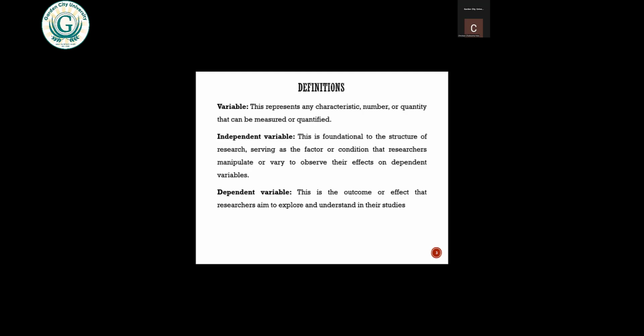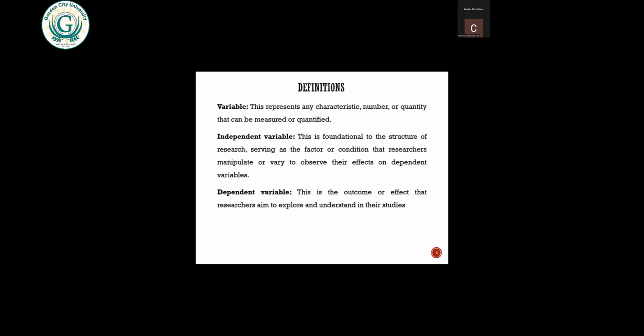But when you combine them together in the right proportion, then you can make a tasty stew. So your dependent variable is the final outcome that you are seeking to measure, whilst your independent variables are the individual factors that can influence your final outcome. So that is the difference between dependent and independent variable.